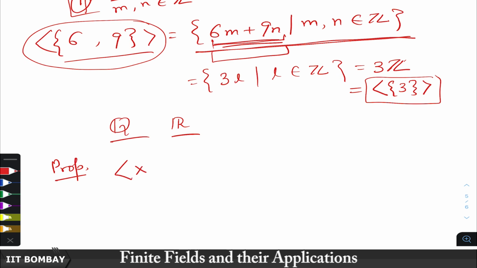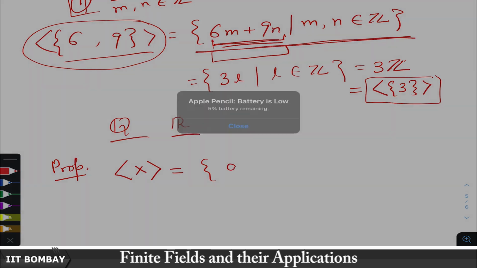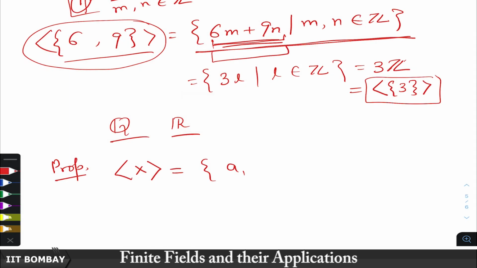For any subset X of G, the subgroup generated by it can be written as A1 power N1, A2 power N2, up to At power Nt, where the Ai are in X, the Ni are in Z, and t is a natural number.